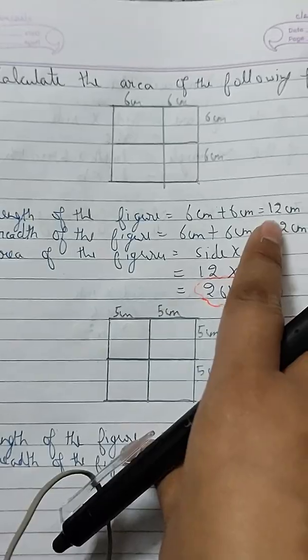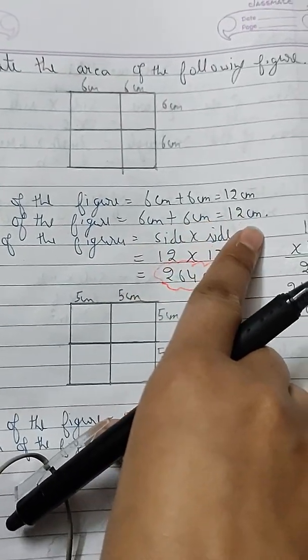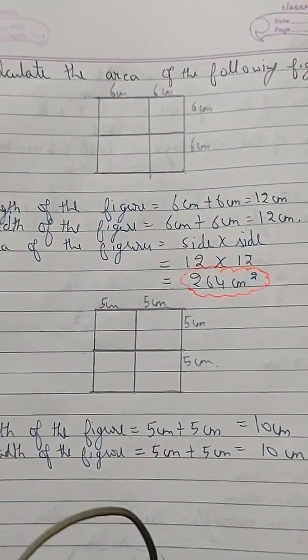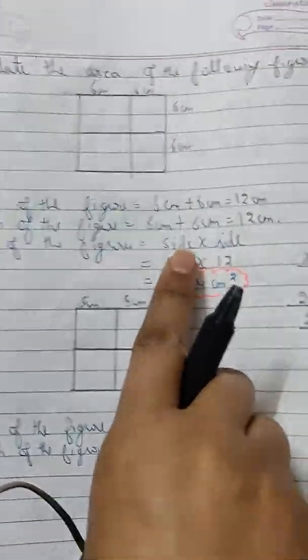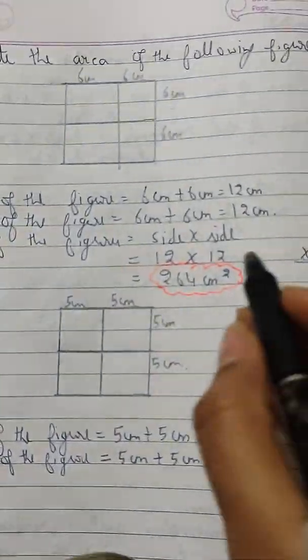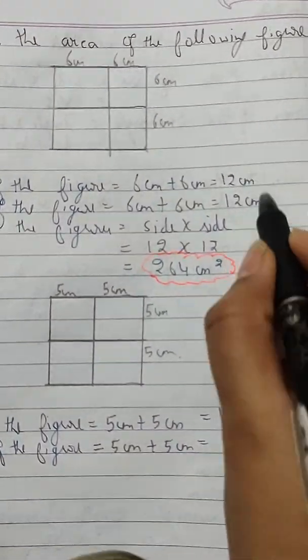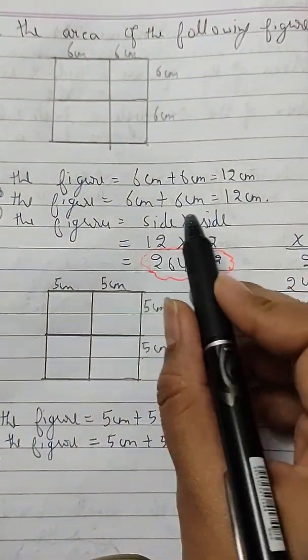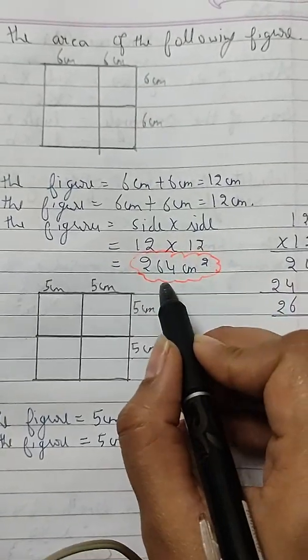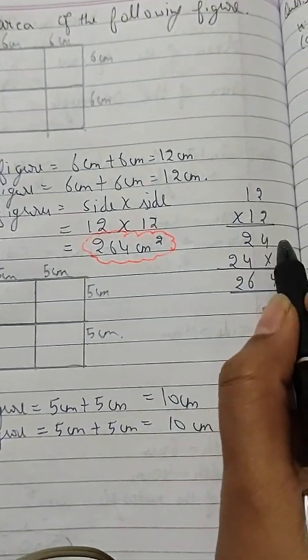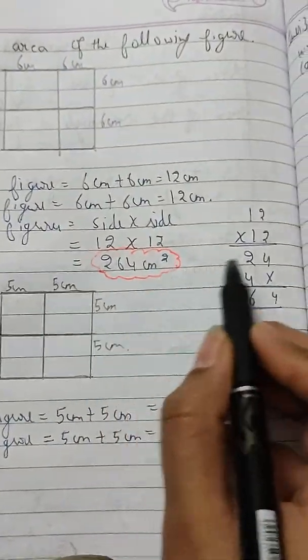Breadth is also equal to 6 plus 6, that is 12 centimeter. So here you can multiply for the area of the figure. Even if you write length into breadth, that will give the same answer, because length and breadth are the same. You can write down side into side also.